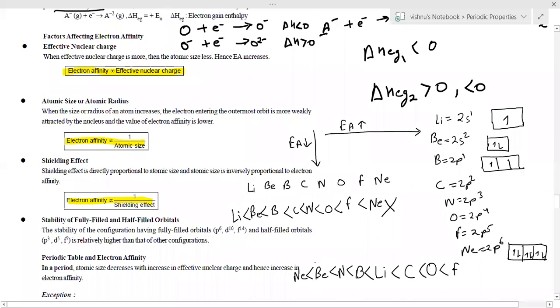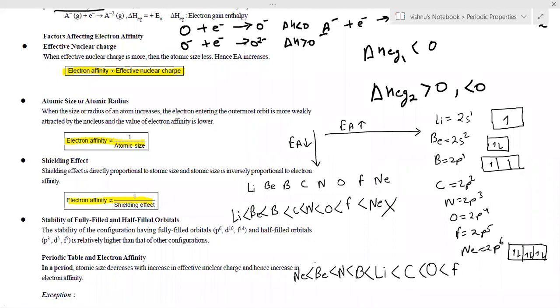See, if you're not getting it, you just have to remember the order. Why this order? Because of their electronic configuration.